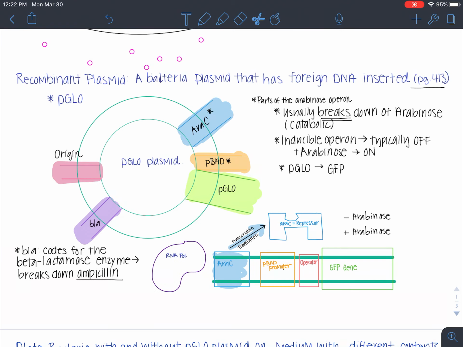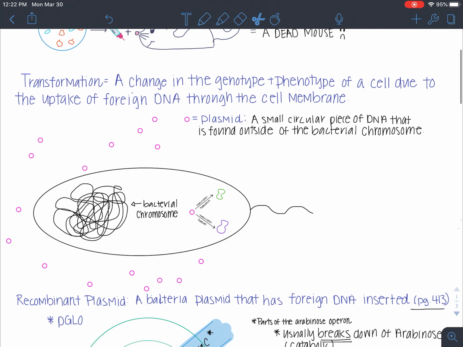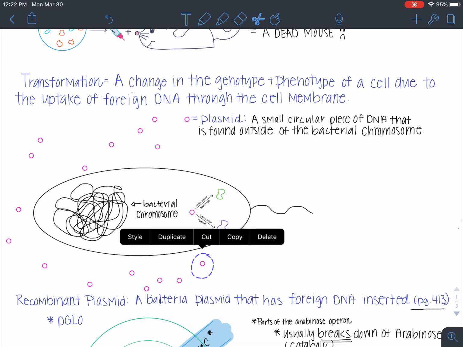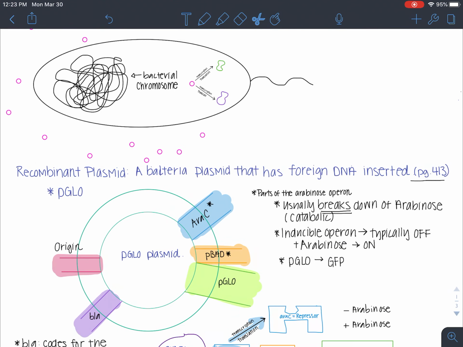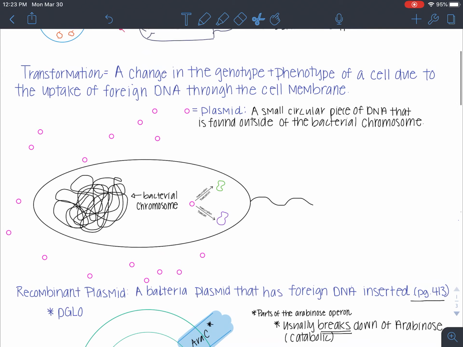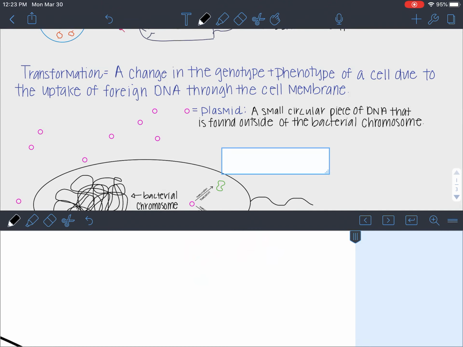Okay? So again, what's really going on here is that we're trying to get this plasmid into the cell. So when we look at our procedure, what we're trying to do is take this modified recombinant plasmid and get it to enter our E. coli cell. Now, when we're looking at a procedure, what we're trying to do is induce competence.